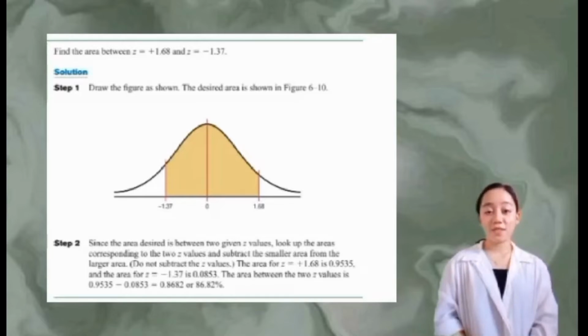The area for z equal to positive 1.68 is 0.9535, and the area for z equal to negative 1.37 is 0.0853. Subtracting the two areas comes to 0.8682 or 86.82%. And that is how you find areas under the standard normal distribution curve.